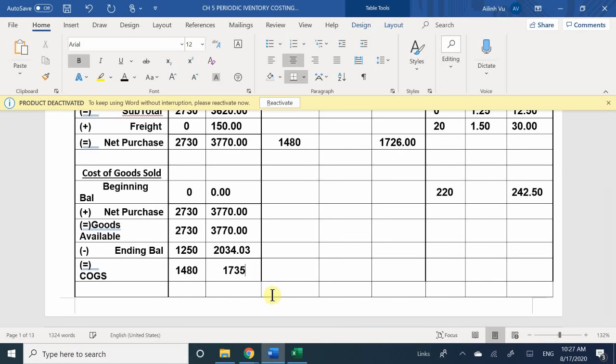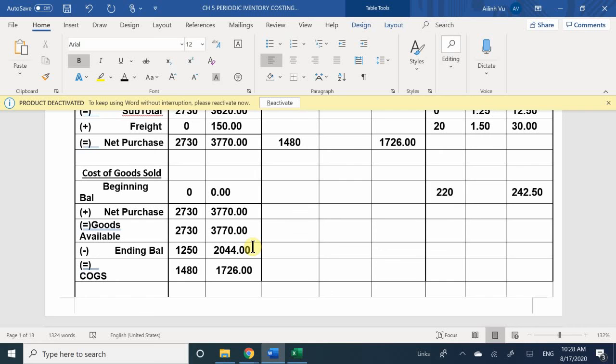So this number is actually going to be 1726, even. And then whatever my dollar amount here is, it should be 3,770 minus 1726. It should give you 2044. Okay, I apologize.